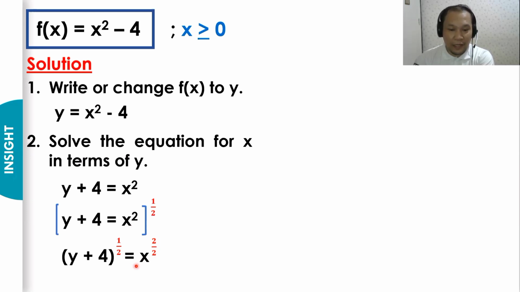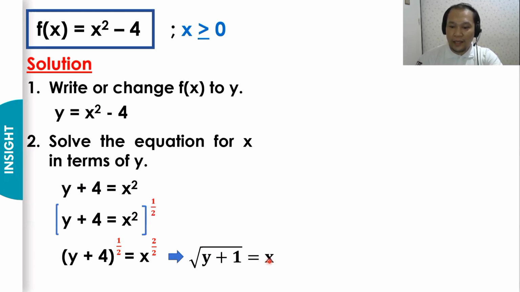On the other hand, if the exponent is a fraction, it is understood that you have to express this into a radical expression. And since our index, which is our denominator, is 2, we are going to use a square root. Thus, this will become square root of y plus 4 is equal to x.